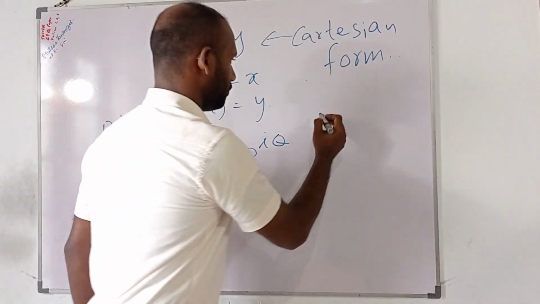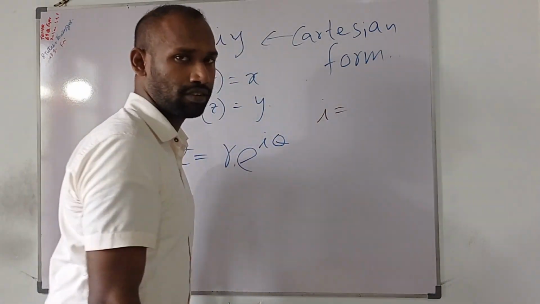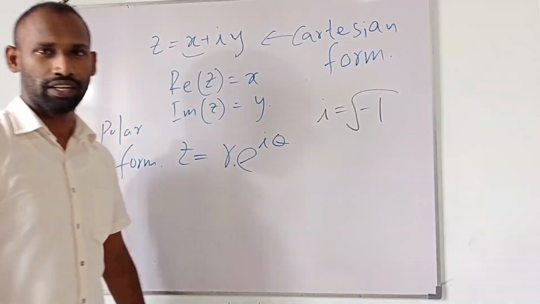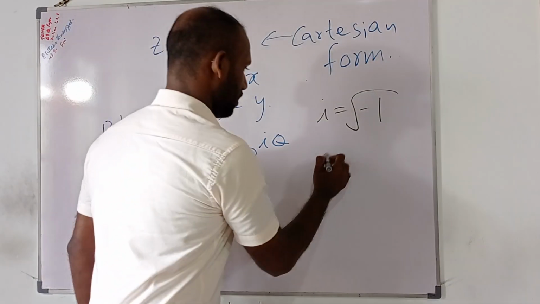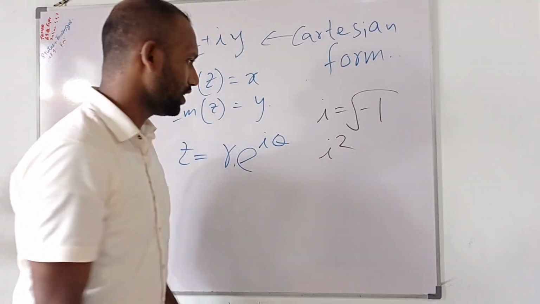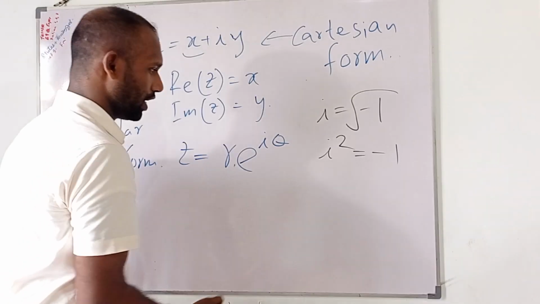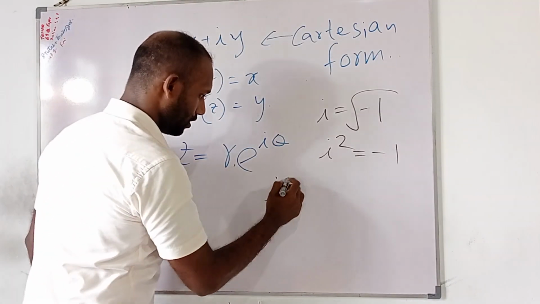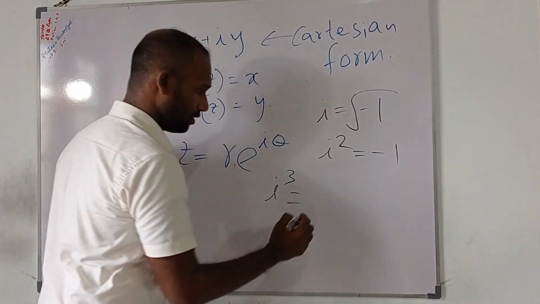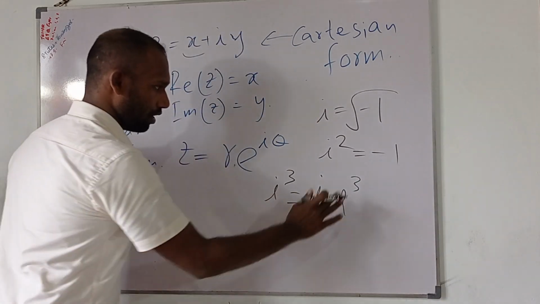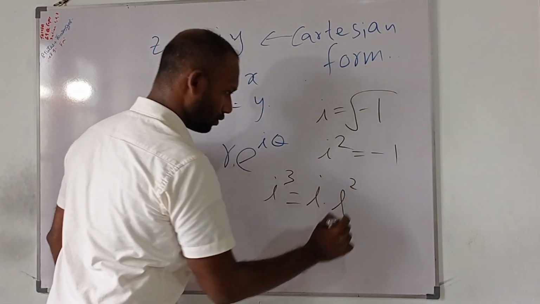So here i equals square root of -1 and i squared equals -1. So we can calculate i cube as i times i to the power 2.